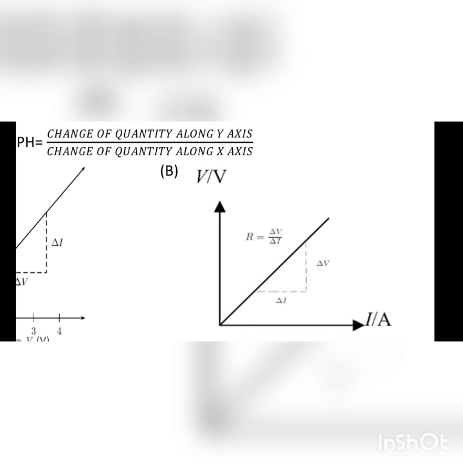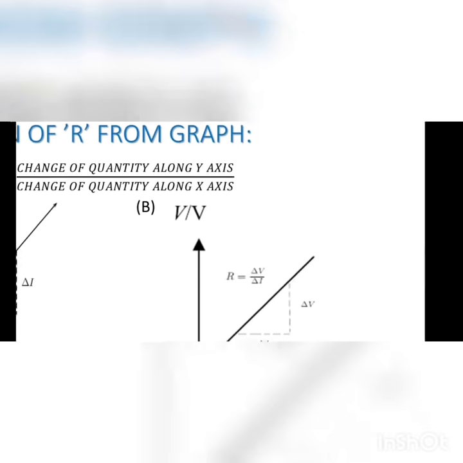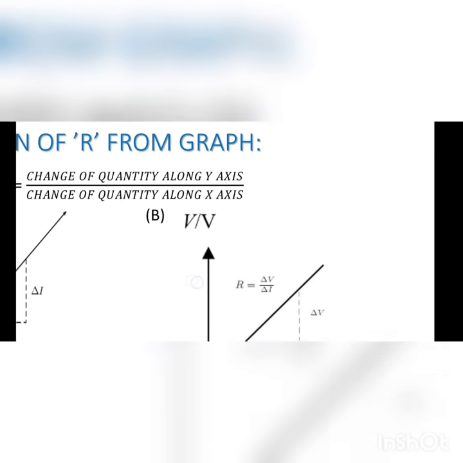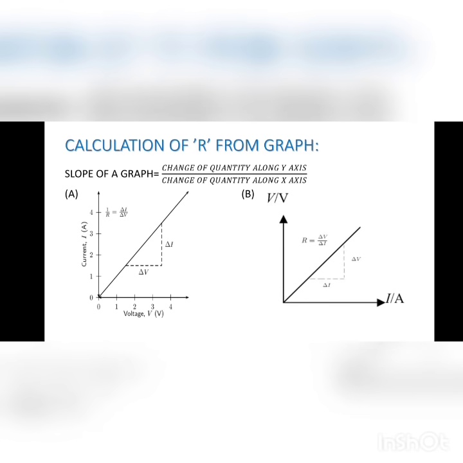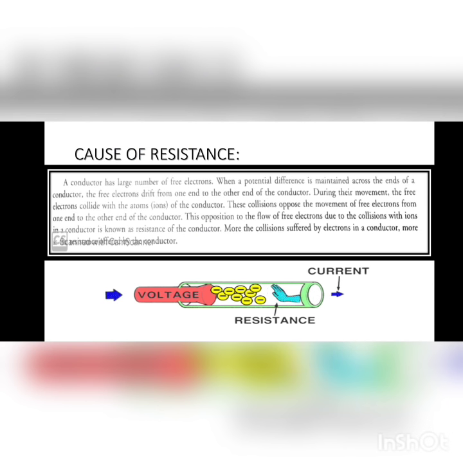Now moving forward, what is the cause of this resistance? This you have to understand very carefully. A conductor has a large number of free electrons. When the potential difference is maintained across the ends of a conductor, the free electrons drift from one end to the other end of the conductor.